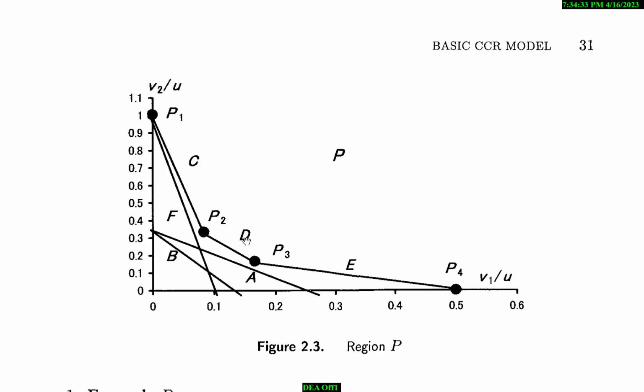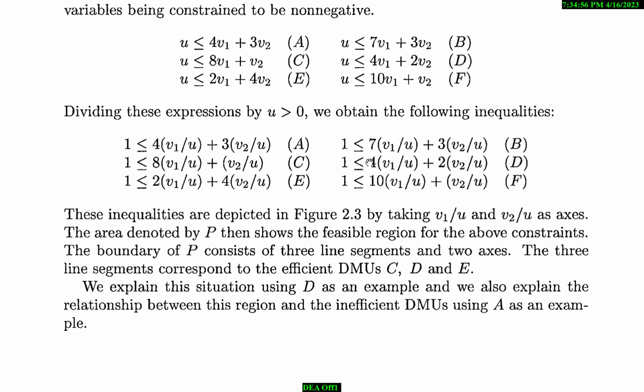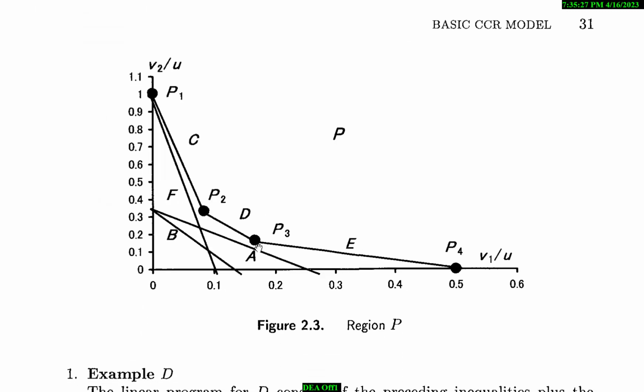Indeed, if you put the constraints of D as equality and the constraints of E as equality, you have two equality constraints with two variables, whose solution will be obtained easily, and this solution corresponds to P3.